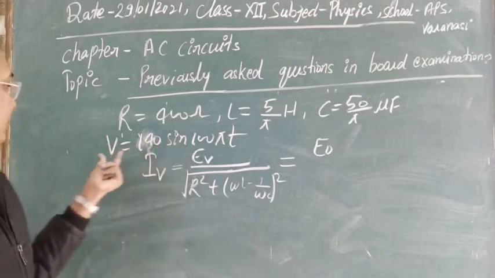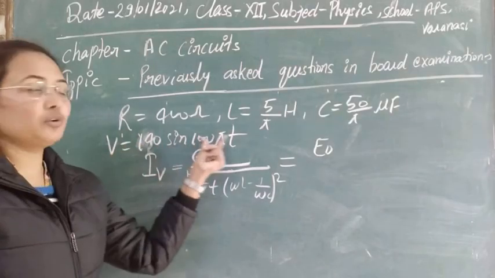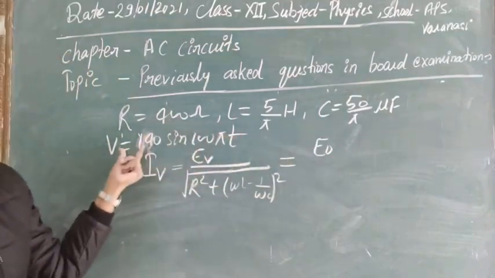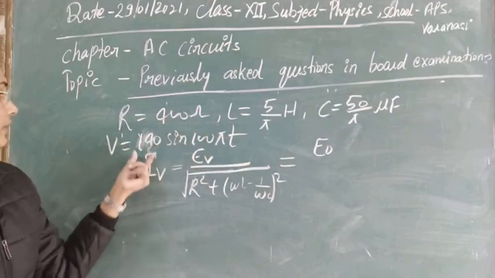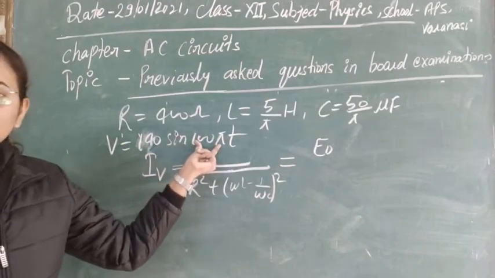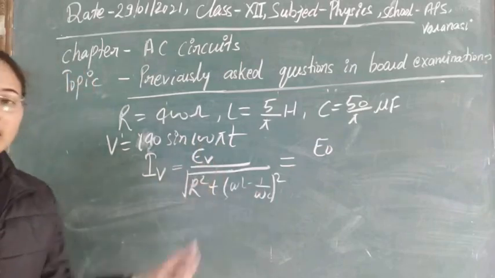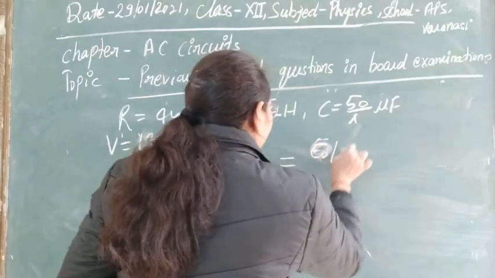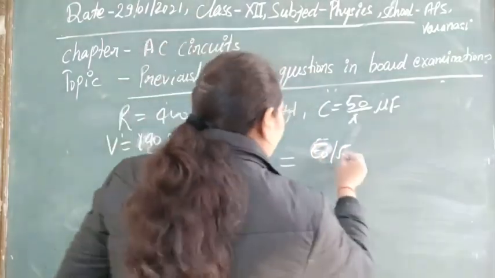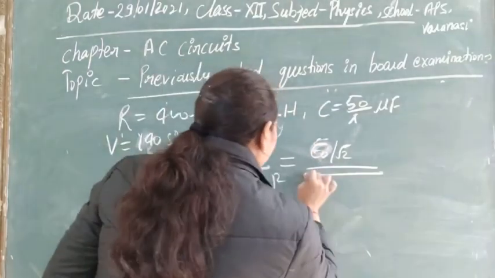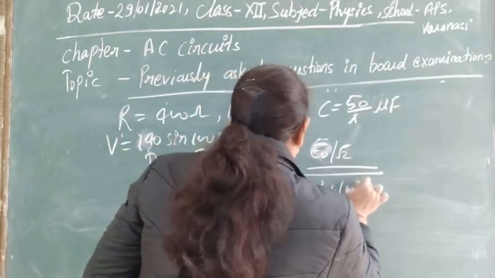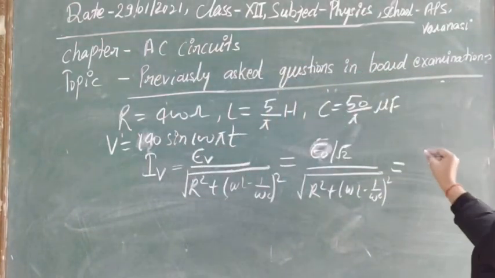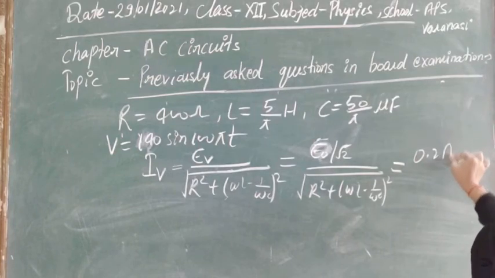You can compare this equation with V equal to V0 sine omega t, so the V0 value, or E0, is 140 and omega is 100 pi. Just use those values: E0 by root 2 divided by this whole term, and if you solve it, the value obtained is 0.2 ampere.